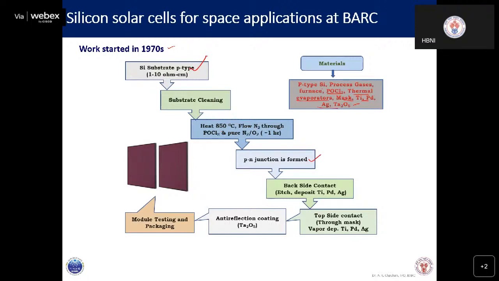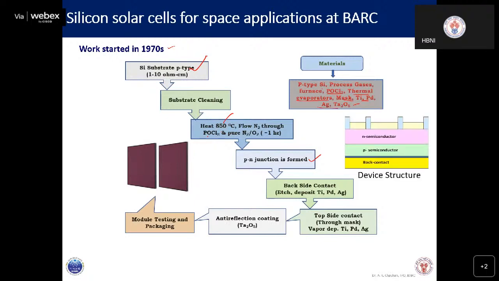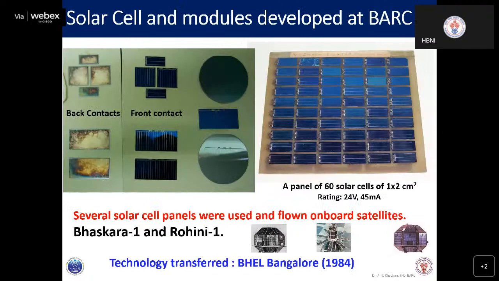The phosphorus is being flown at such a high temperature, and then the backside contacts. These all were developed, and the standard solar cells were made, of which the photograph is in the next slide. I can show. So these are the solar cells which were developed in the 1970s, between 75 to 82, 83.